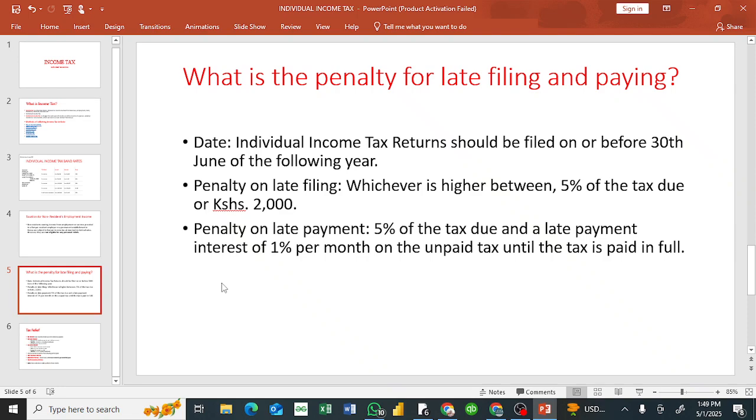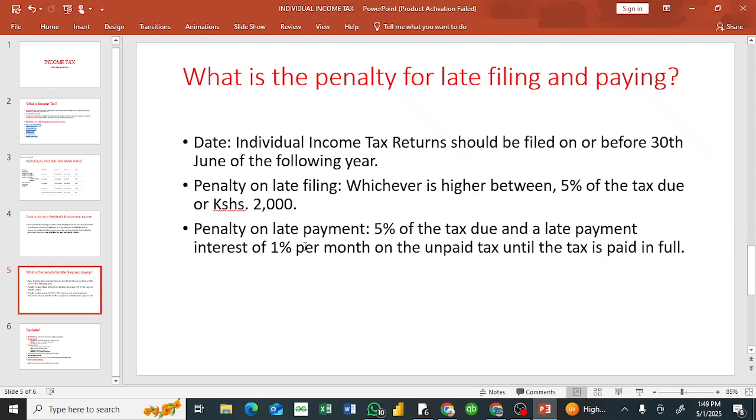If you fail to file before 30th June, you will be charged 5% of tax due or 2,000, whichever is higher.